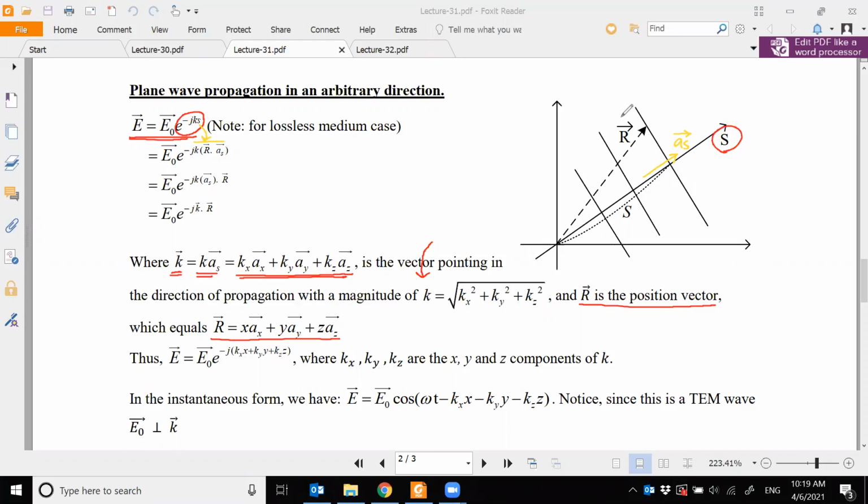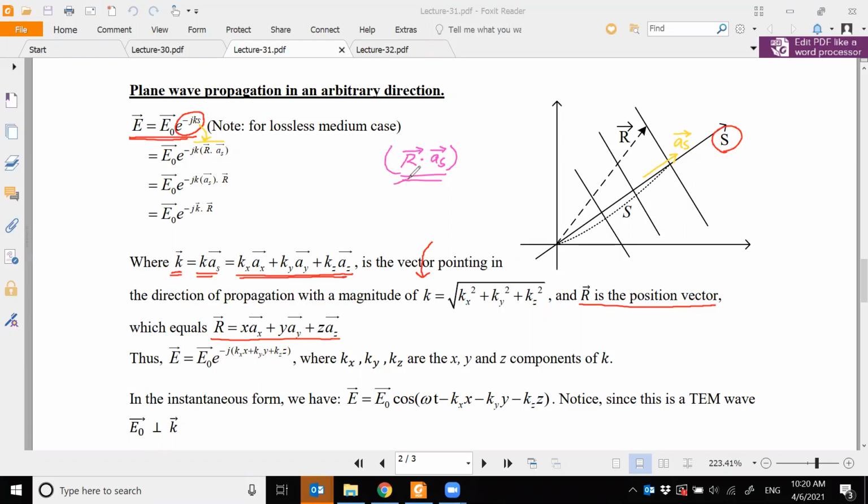And what is the projection of the position vector along this direction s? This will be nothing but r bar dot product with a s. It will give me the projection of my r bar along the s direction.